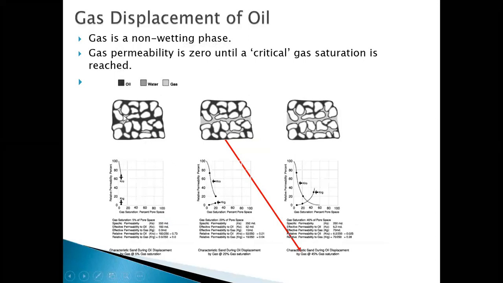In the initial conditions, we have these rocks inside. They have a good porosity. The black one you see here is the oil. Then we have this lighter one, which is the gas. Now it has the gas and oil. At the initial conditions, there is no free gas, so gas has no relative permeability.